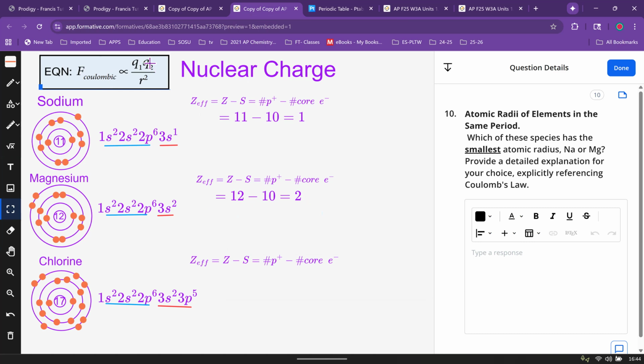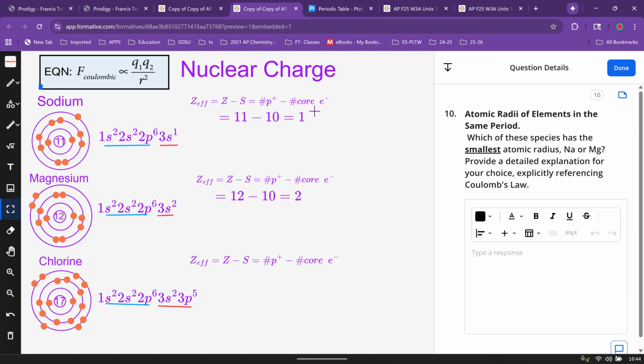So if the effective nuclear charge is 1 in sodium and 2 in magnesium, then the force of attraction between the valence electrons and the nucleus in magnesium is greater than in sodium. Do you see that? We have a quantitative way of doing that.